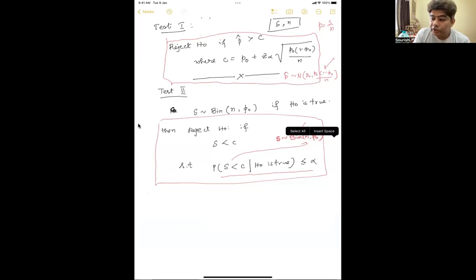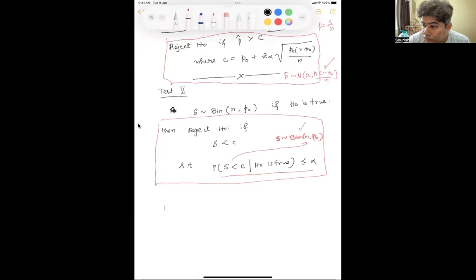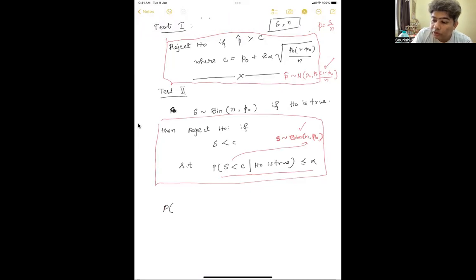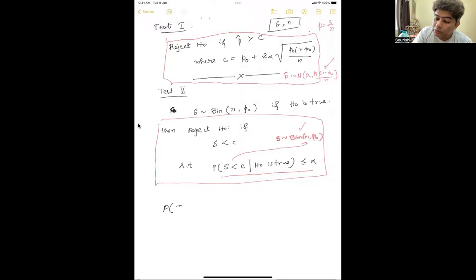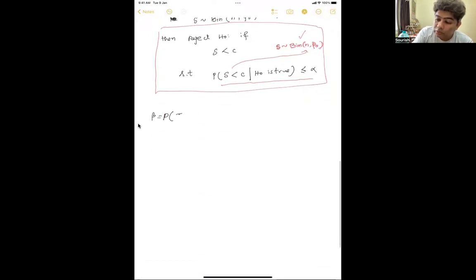In this case, I have to calculate the probability of, say, first beta, which is the probability of type 2 error.